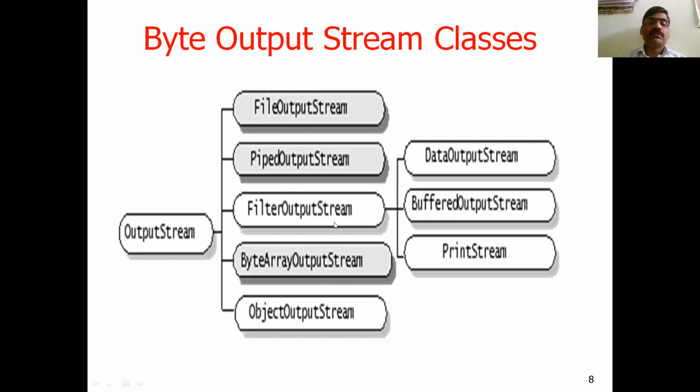These are the 5 output stream classes. From the filter output stream class we again have 3 different subclasses: data output stream, buffered output stream, and print stream. Generally these 3 classes are more frequently used when we are performing the write operation.